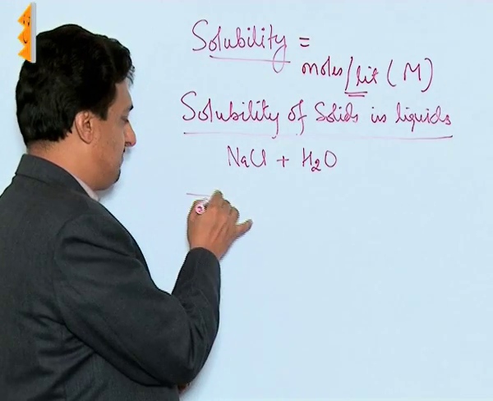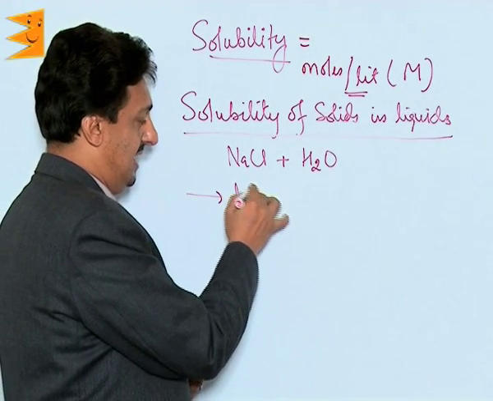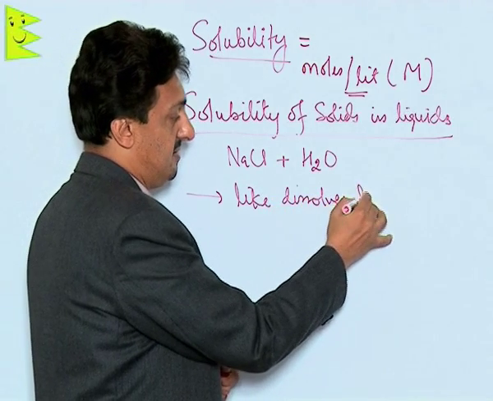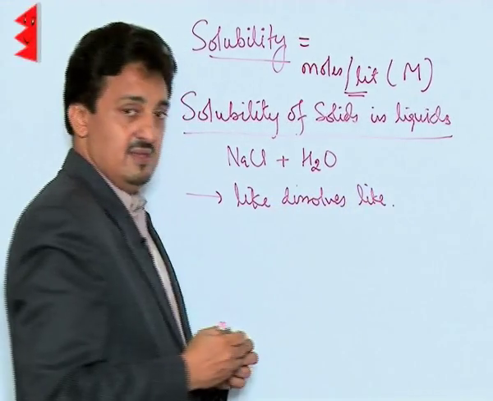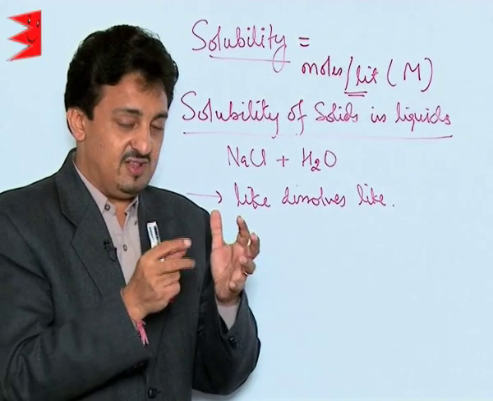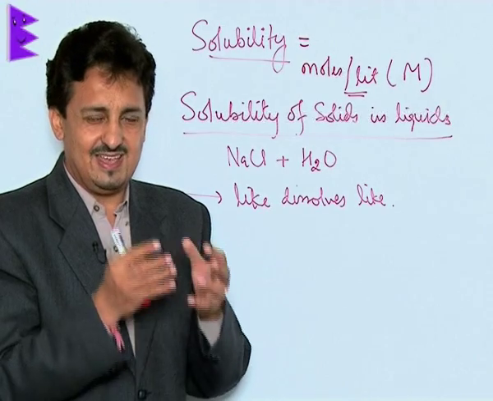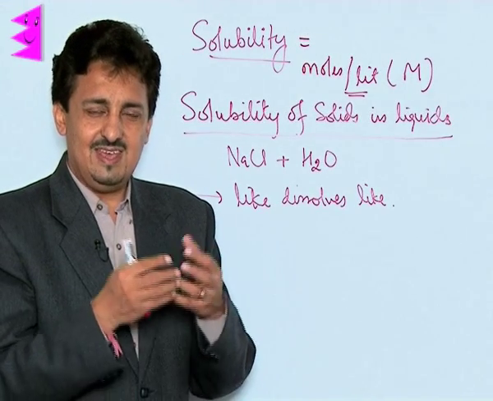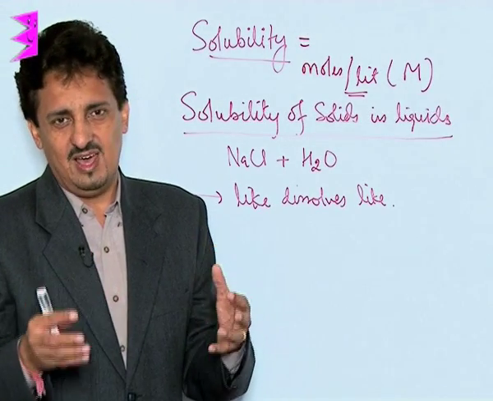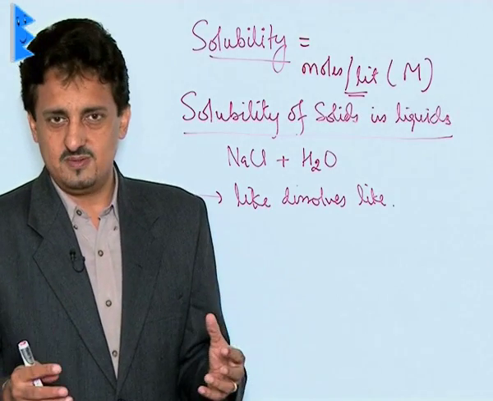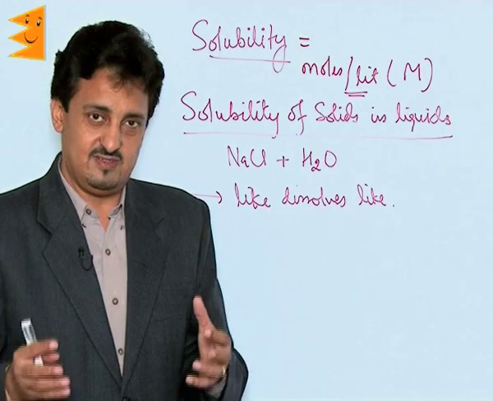The basic principle is like dissolves like. If a solute is a salt, an electrolyte, ionic in nature, it can easily break down into respective ions and get hydrated. It will be soluble in water or in polar solvents.